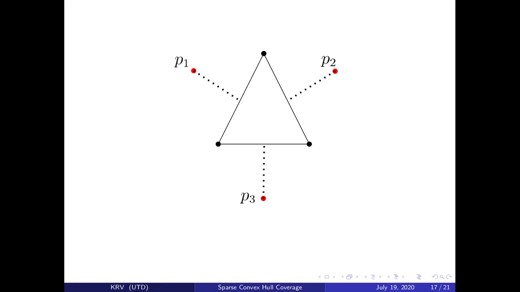So remember, in our problem we're selecting a subset Q of R, so R is going to be the black vertices, which are the vertices of the polytope, and we're trying to cover all of the points, including the red points. So basically the reduction is pretty simple.